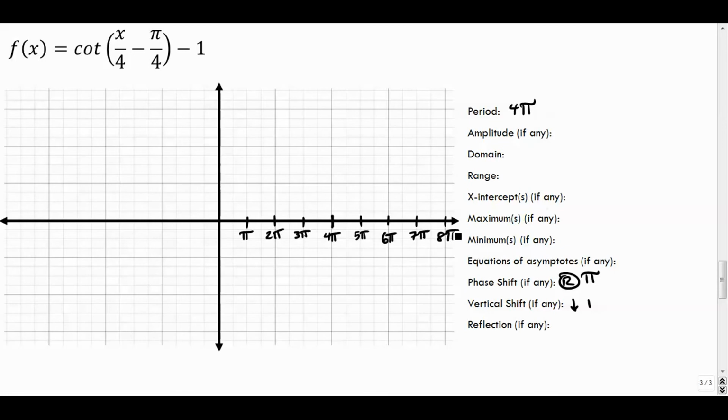It's a little cramped, but that's okay. And my normal asymptote is right here at 0. So I need to move that over to pi. So let's put that right here.